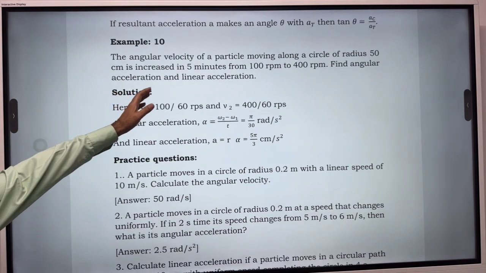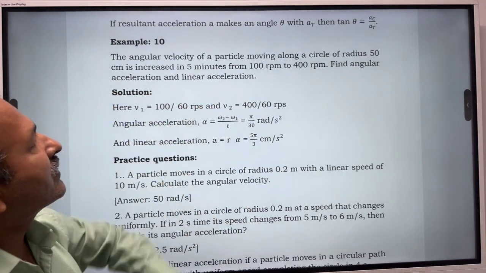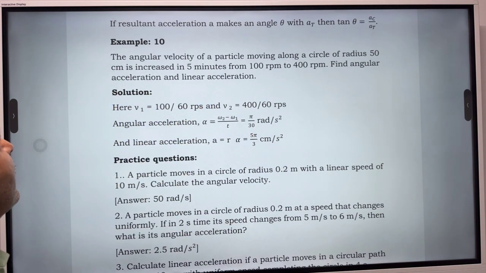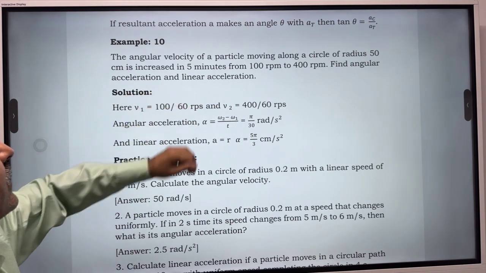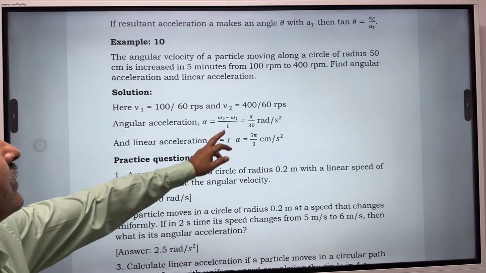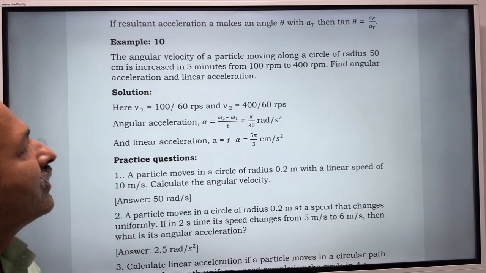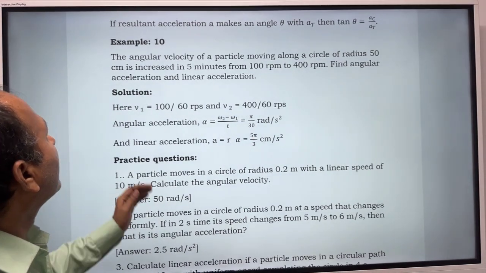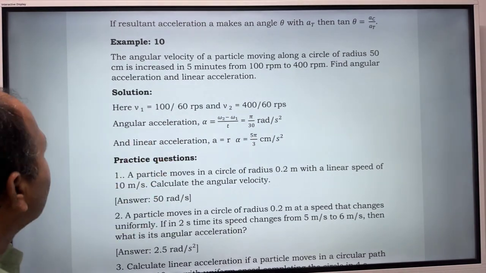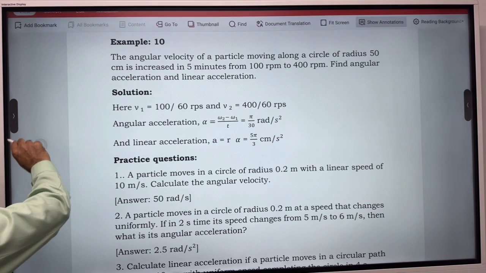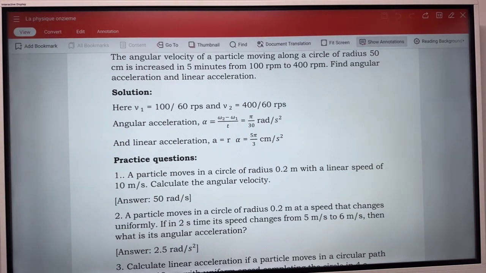Here, the angular velocity of a particle moving along a circle of radius 50 centimeters is increased in 5 minutes from 100 revolution per minute to 400 revolution per minute. Find angular acceleration and linear acceleration. The question is simple, you can easily do it.